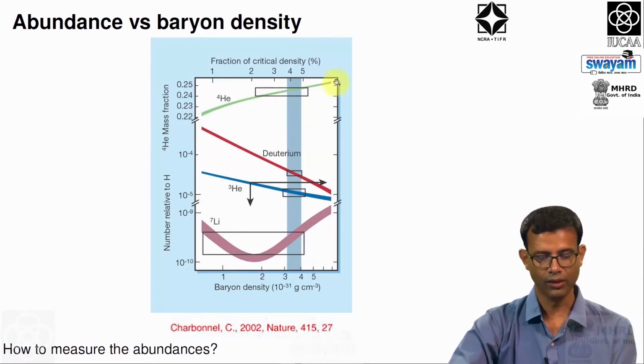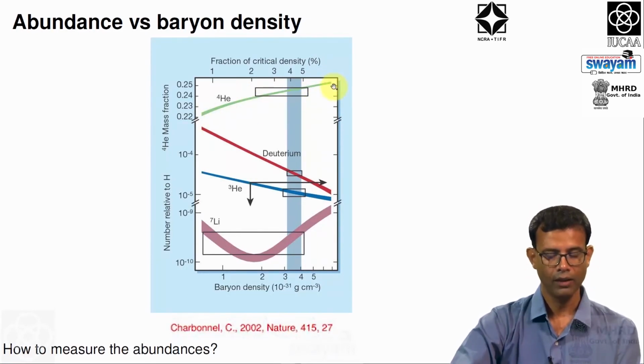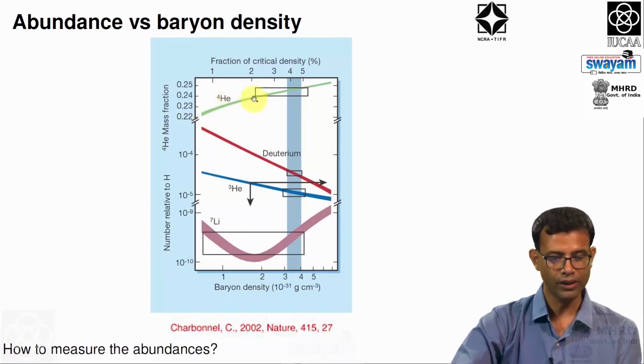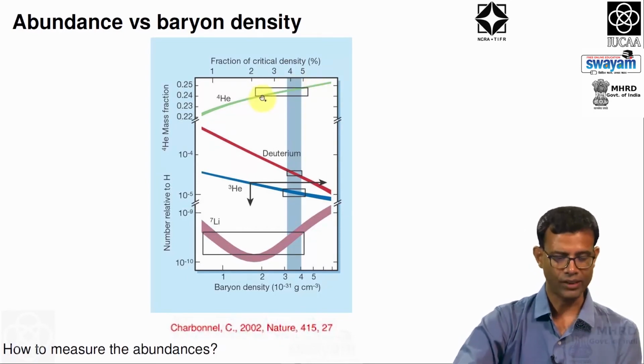Okay. So, that is something we can learn from the helium abundance. In terms of fraction of critical density, which is nothing but the omega, to explain the observations of helium we need omega baryon to be somewhere between, let us say, 2% to around 5%. Okay. Fine, that is from helium.